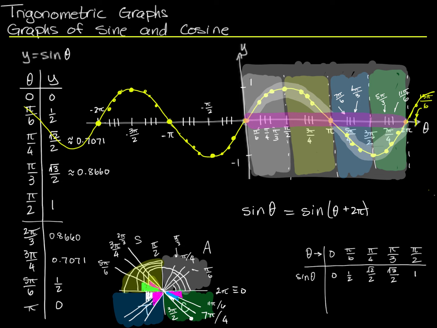So we're going to say that the period of sine is 2 pi. Sine has a period of 2 pi. That's how long it takes to get, not from where you start to where you end, because we start at 0, we end at 0 here, but we're not done, right?